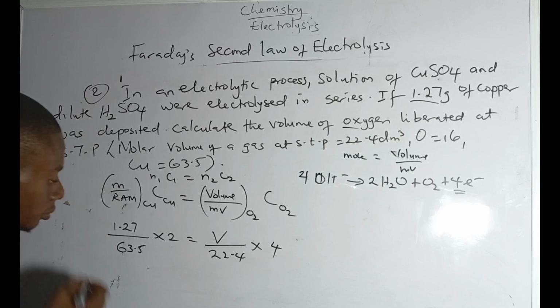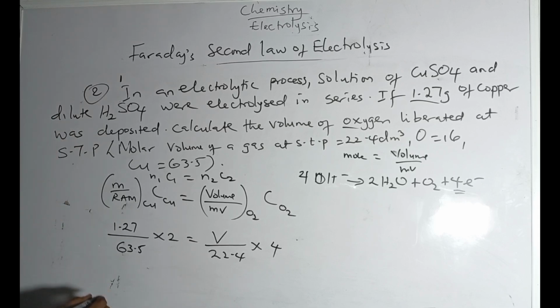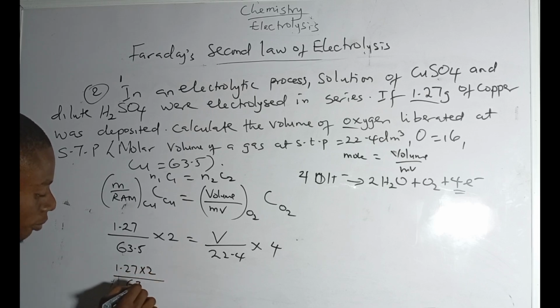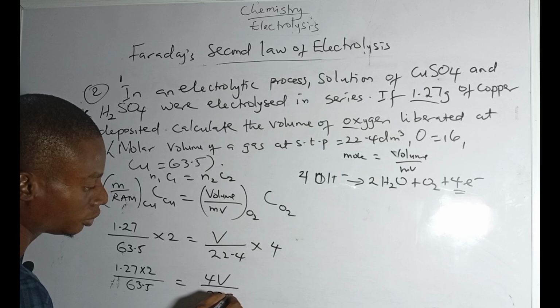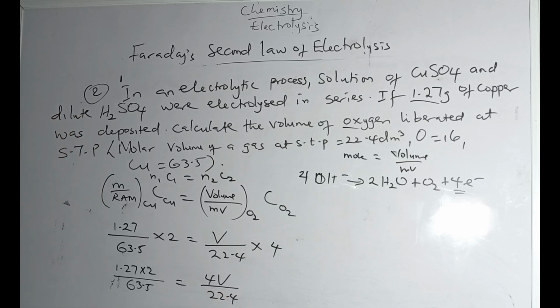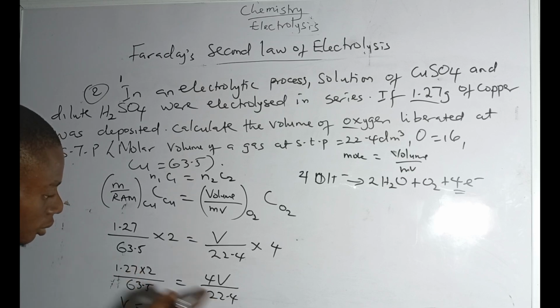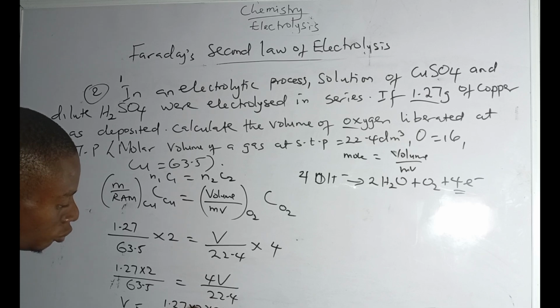So this will be 1.27 times 2 over 63.5 is equal to 4V over 22.4. So let's make V the subject of the formula. V will be equal to 1.27 times 2 times 22.4 over 4 times 63.5.